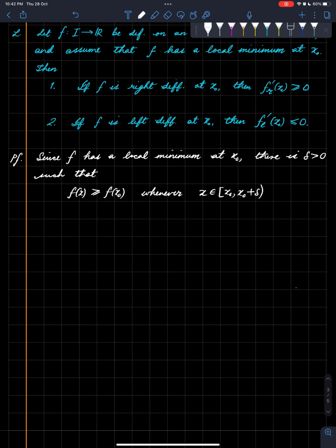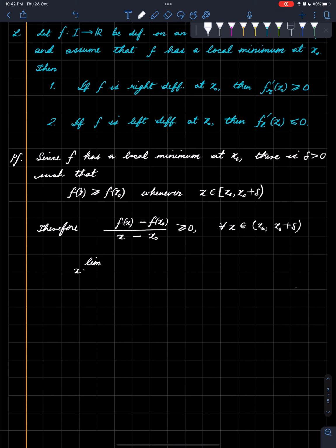So this implies, therefore, this guy is non-negative for all x in this open interval, right? Because the denominator is positive and the numerator is non-negative whenever you have x in this open interval, and therefore the limit also is non-negative.